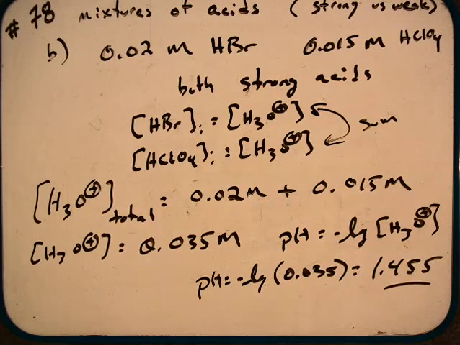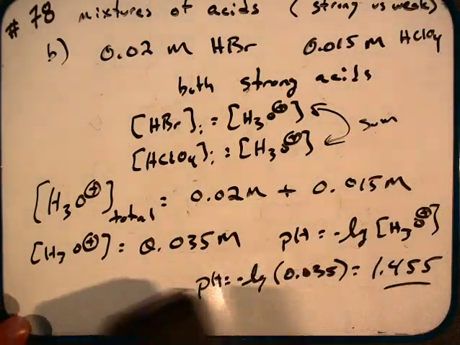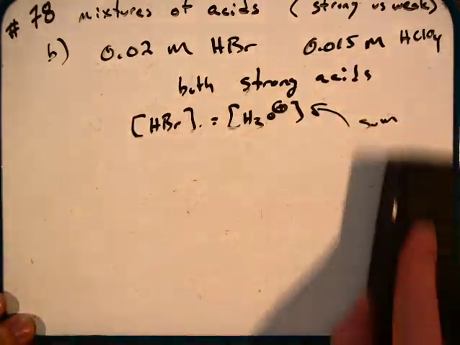So that's the pH for a mixture of HBr and perchloric acid. Again, both are strong, so both completely dissociate. That means we can just relate the initial concentrations directly to the amount of H3O plus generated from each one respectively. We take the sum, and we then get the pH. So that's part B, which is really a mixture of two strong acids.